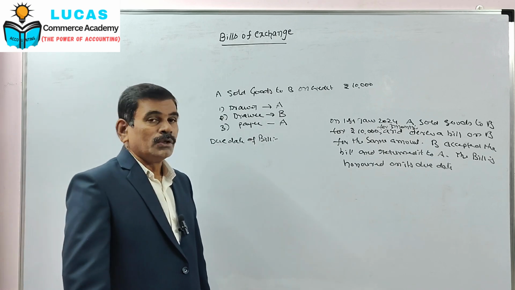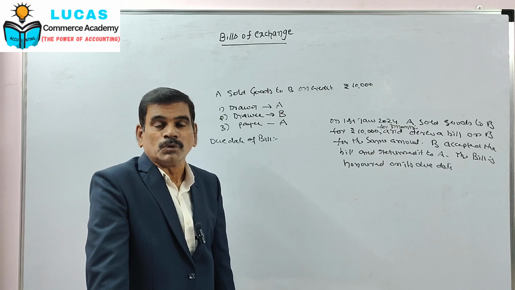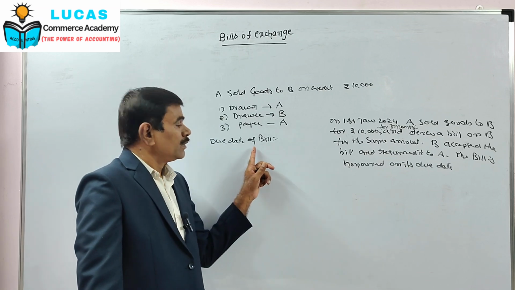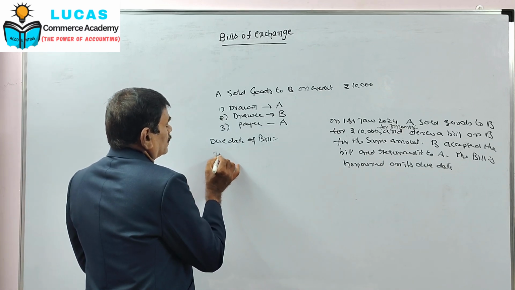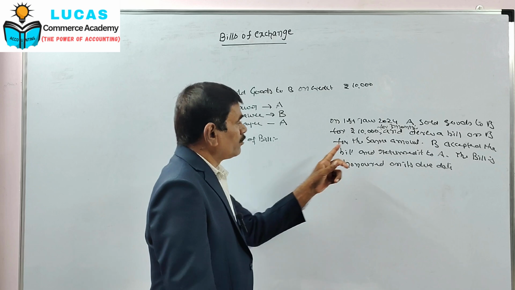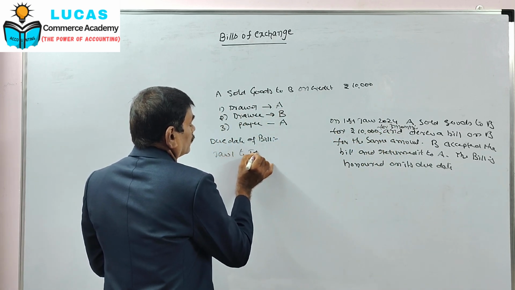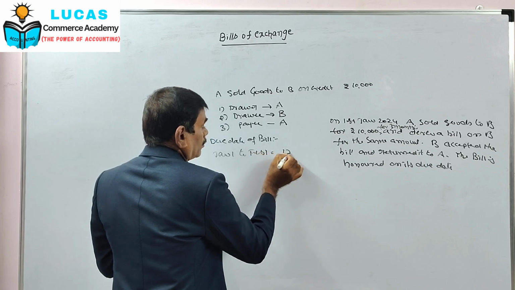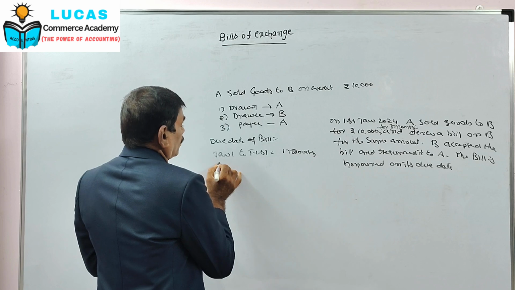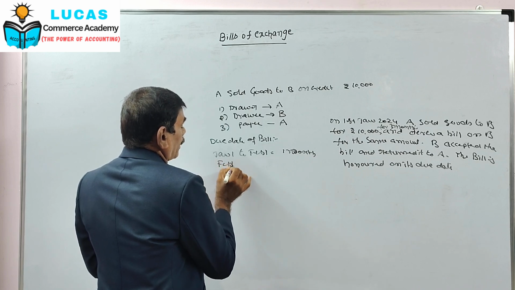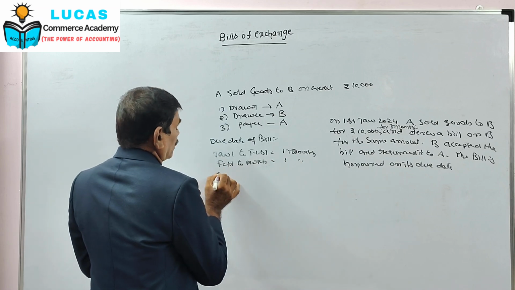Due date means the date on which the bill becomes due for payment. The bill is drawn for 3 months. That means from January 1st to February 1st, 1 month. From February 1st to March 1st, 1 month.